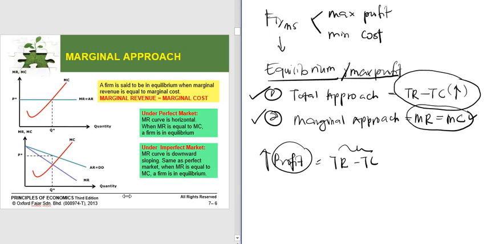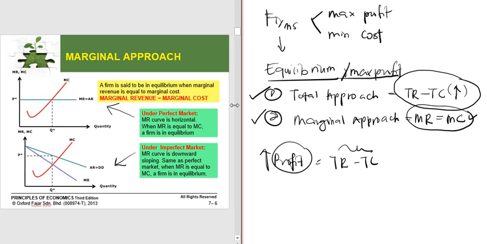If you look at this graph here that we have for perfect market and imperfect market, this one is for perfect market, this one is for imperfect market. So you can see the difference on the marginal revenue between perfect market and imperfect market.